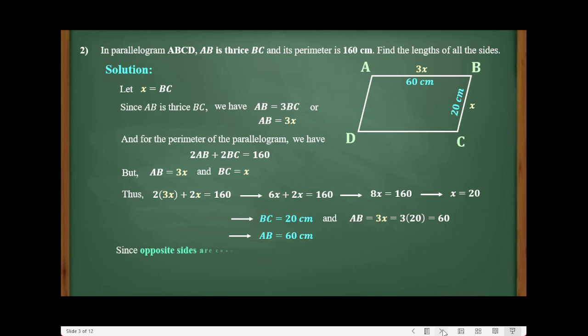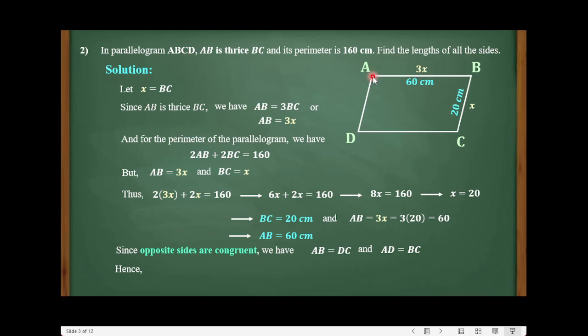And since opposite sides are congruent, we can conclude that AB is congruent to its opposite side, which is DC. Therefore, DC is also equal to 60 centimeters.